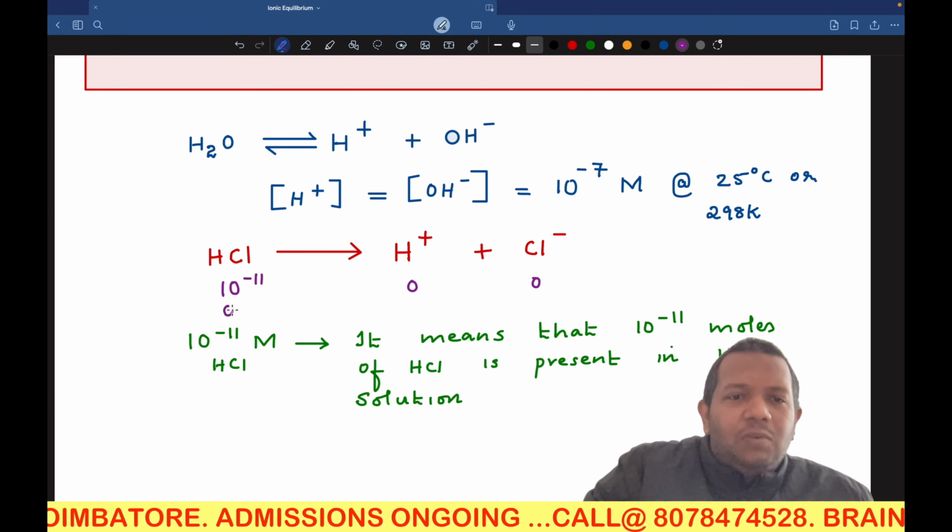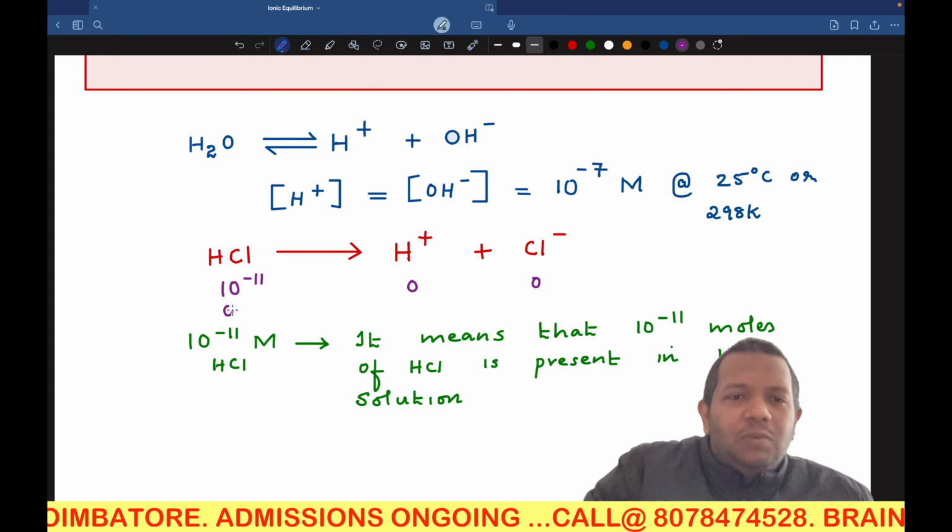Taking it out means you are dividing the entire thing by 10 power minus 7. So this will become 10 power minus 4, and this, divided by 10 power minus 7, will become 1.